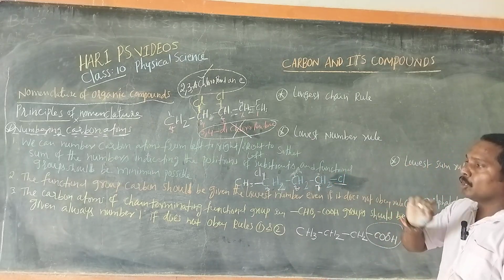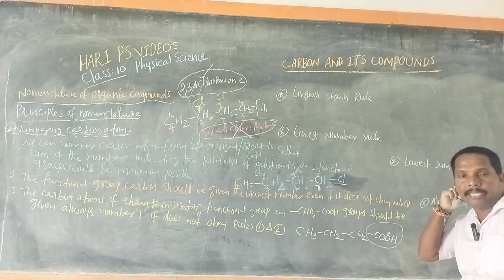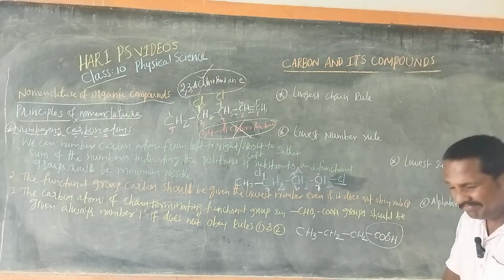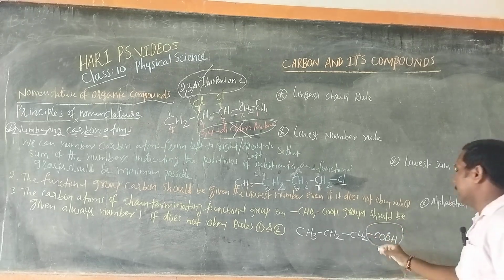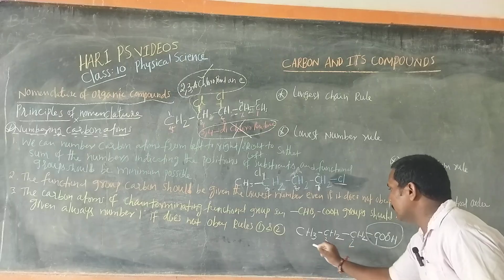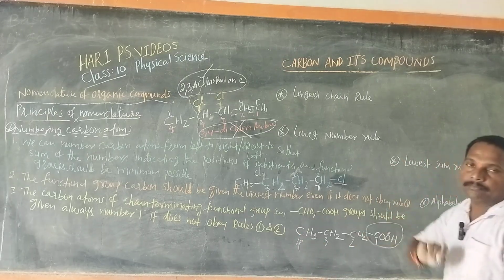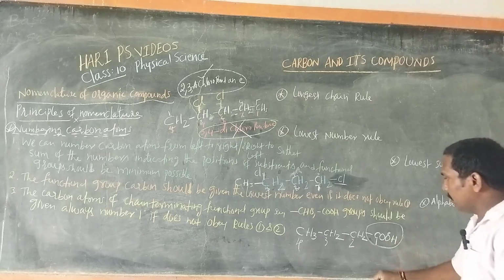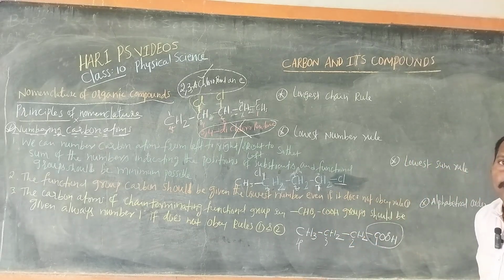The functional group has a carbon in the chain or in the compound. This should be given the number 1, 2, 3, 4, even if it has any substitutions.